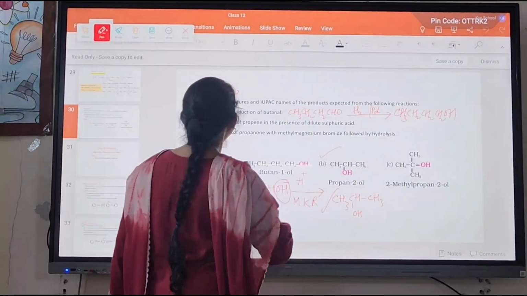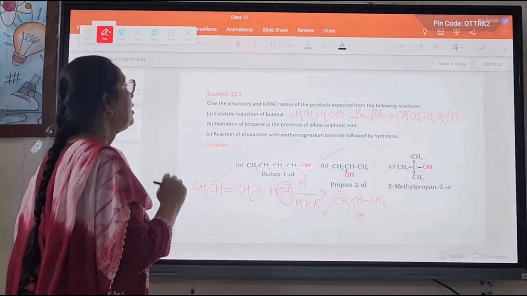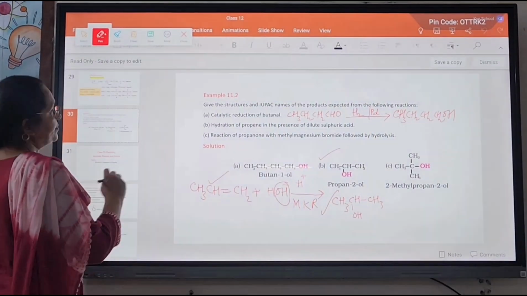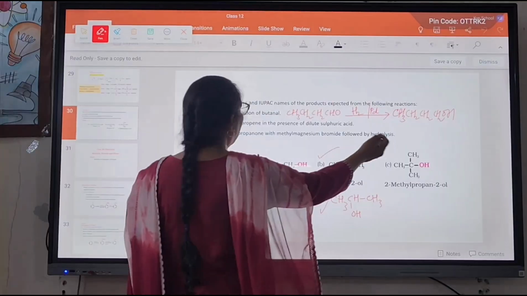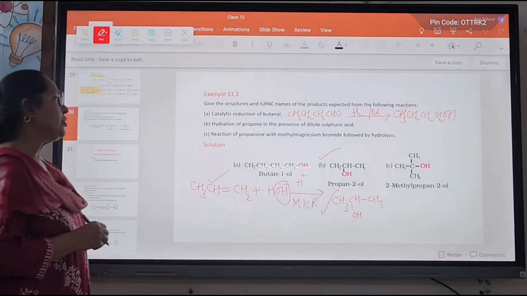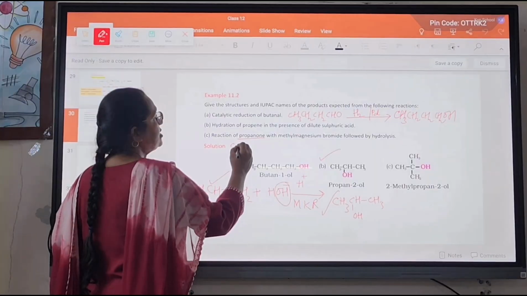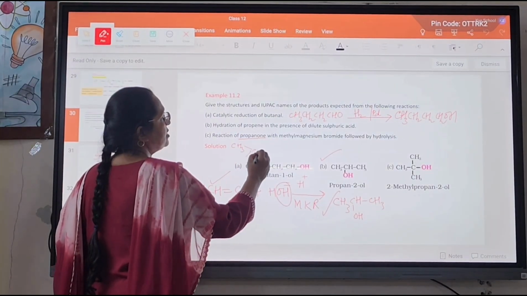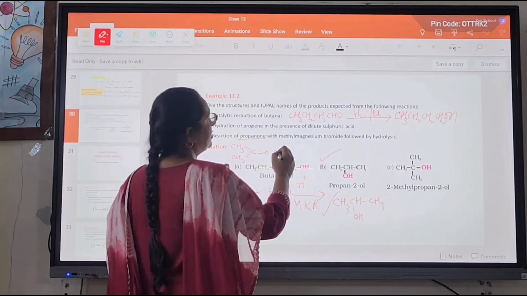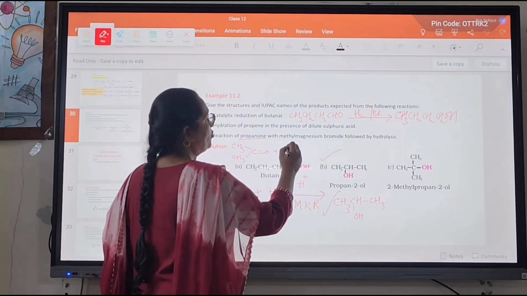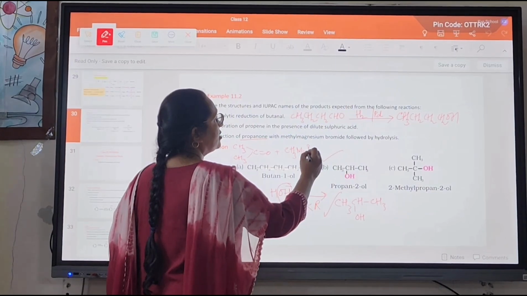The answer is this. And the third part is reaction of propanone with methyl magnesium bromide followed by hydrolysis. For doing this reaction, we have to write the structure of propanone, that is CH3C=OCH3, and we are taking methyl magnesium bromide, CH3MgBr.